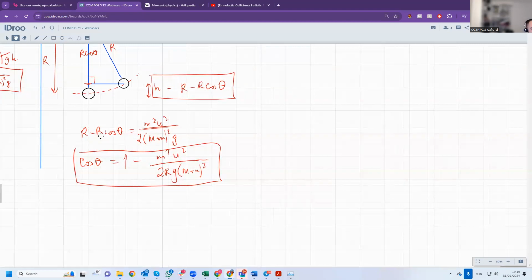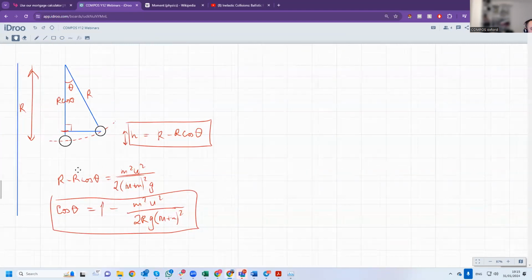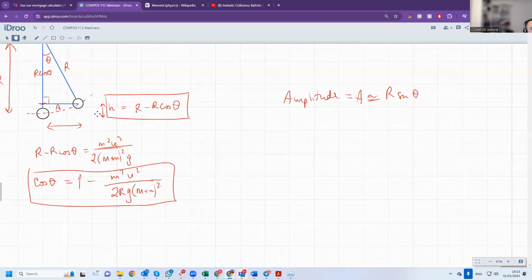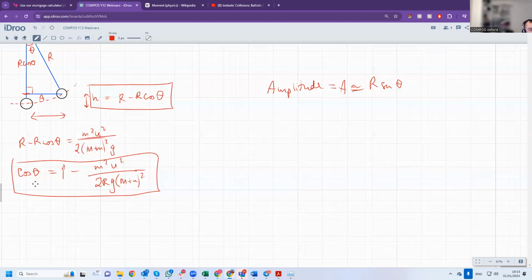Because we know the amplitude is the horizontal displacement, let's call it A. A is equal to r sine theta, approximately, because it's a small angle. So this is the horizontal displacement, the amplitude. But we have cos theta, which is a bit annoying.